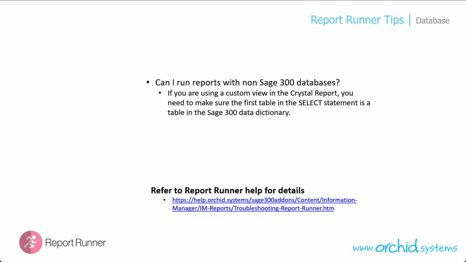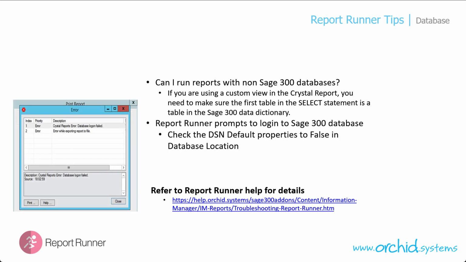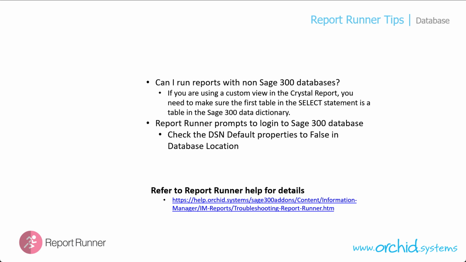And again, I would encourage you to look at the Report Runner help or knowledge base for examples on how to do this. Sometimes Report Runner prompts you to log into the Sage 300 database. Generally, this is linked to how you have configured your custom Crystal report, and you need to make sure that the DSN default properties are set to false in the database location.